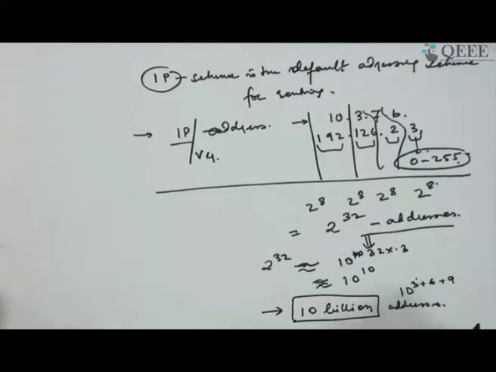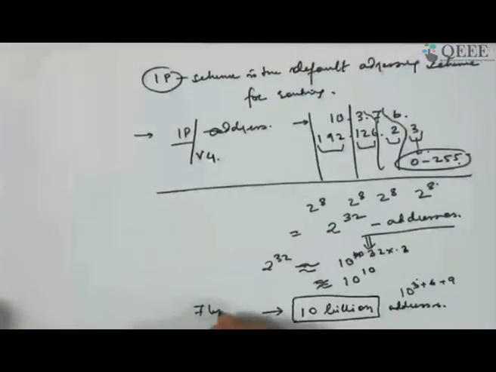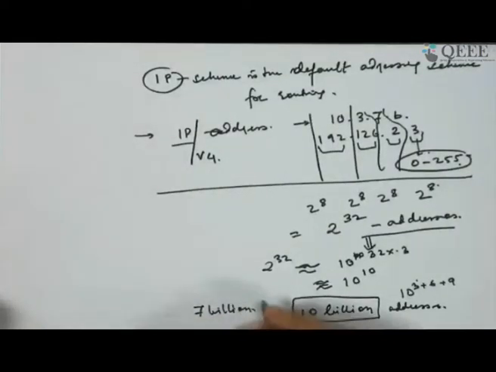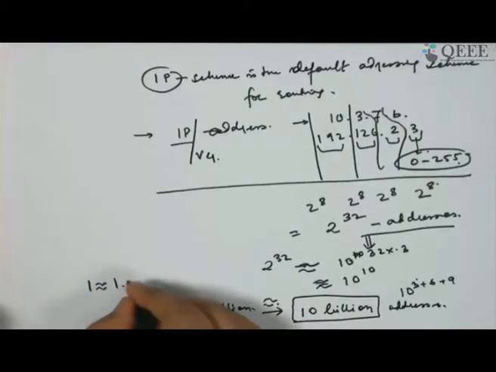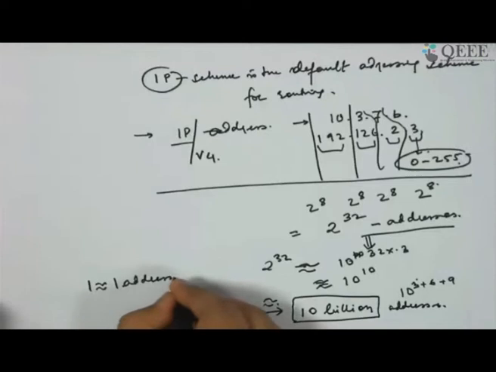And roughly how many people are there in this world? Around 7 billion. So it is roughly 1:1 addressing that is possible.